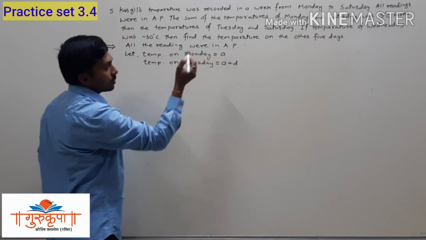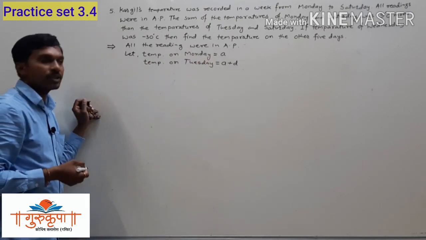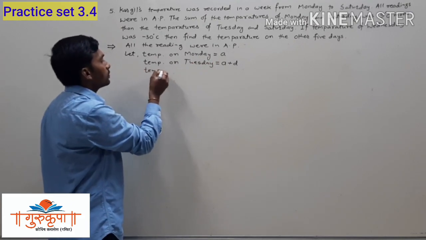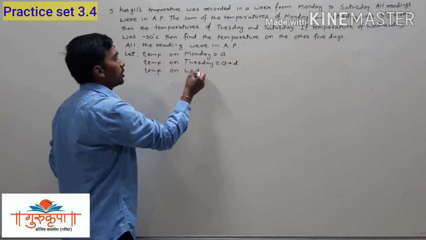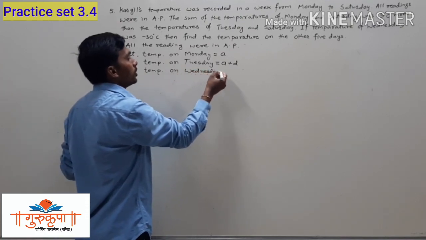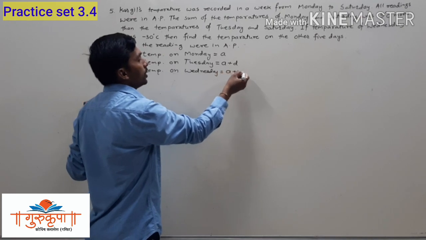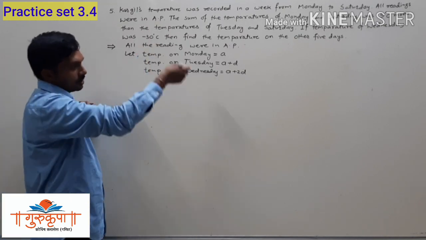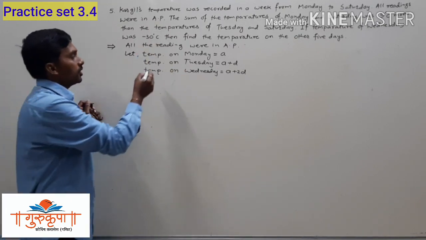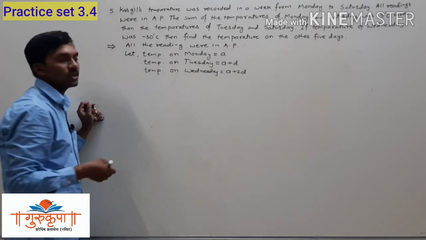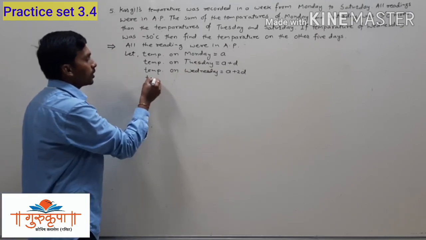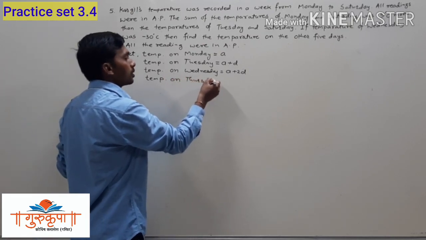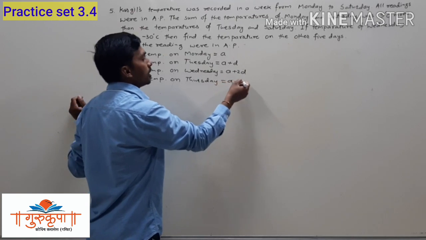We know that the first term of AP, general representation of AP, is A, second one is A plus D. Now third one, that is temperature on Wednesday, is A plus 2D. Actually it is given that it is minus 30 degrees Celsius, but according to the general representation, here we have to take the temperature on Wednesday as A plus 2D. Then temperature on Thursday is A plus 3D.